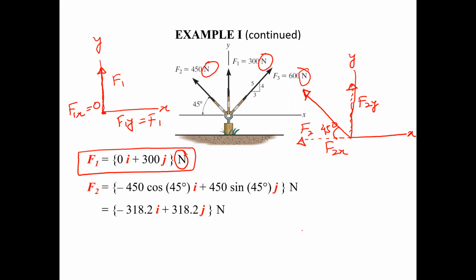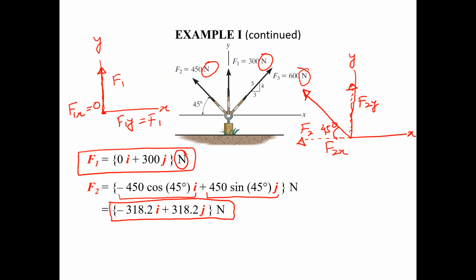Okay, now how do we write this? F2 equals F2 times cosine of 45 times I, which is the X component, and F2 times sine of 45 times J, which is the Y component, right? So that's how we resolve this F2 into X and Y components, and just use your calculators and you'll get to this.